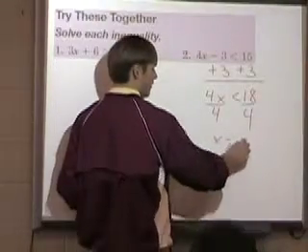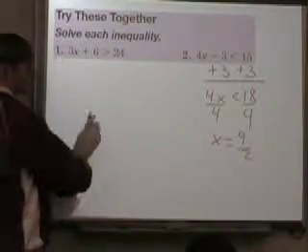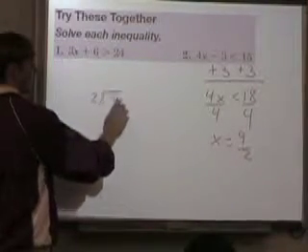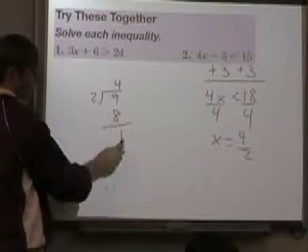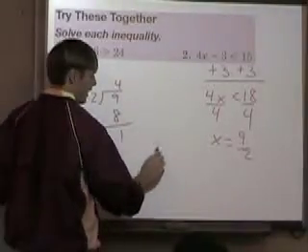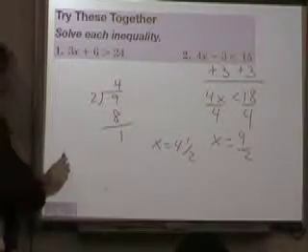So x is less than 9 over 2. Now, we can't leave it 9 over 2. 2 goes into 9 4 times, which is 8 with a remainder of 1. So 4 and a half. So our x is less than 4 and 1/2. Now we got to put that on the number line.